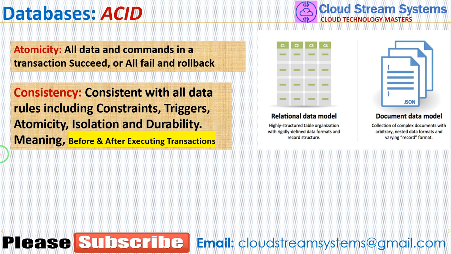That is where consistency comes into the picture. These transactions should be consistent, meaning the balances in both accounts before and after executing the transaction should be consistent, with $1,000 or whatever the amount is added. That is what consistency means. I hope you understand.